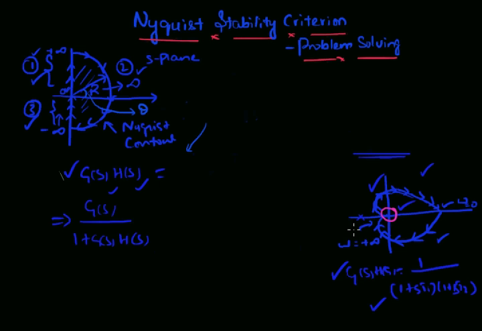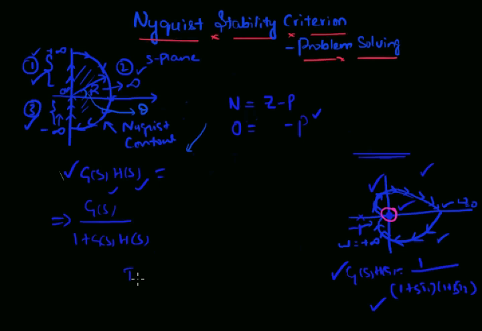Now let's see. If I take this as minus 1, we know that these plots are going to touch at the origin. The number of encirclements around minus 1 in the clockwise direction, we know, is 0. And N is Z minus P. Now tell me the value of P from this g of s h of s.